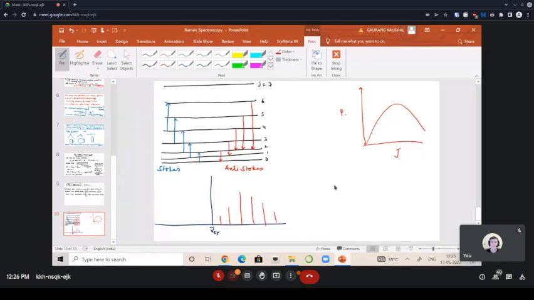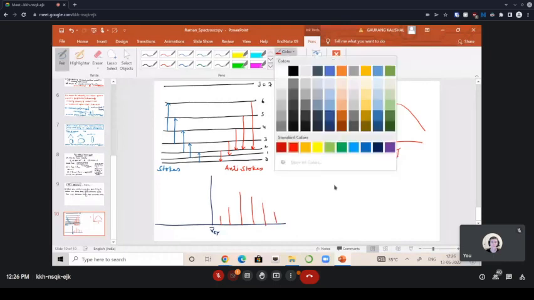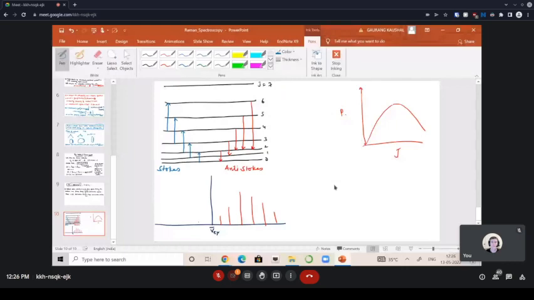Similarly, in the case of Stokes lines on the low wave number side, it will be firstly low intensity, then the intensity will go on increasing, then it will decrease like this.